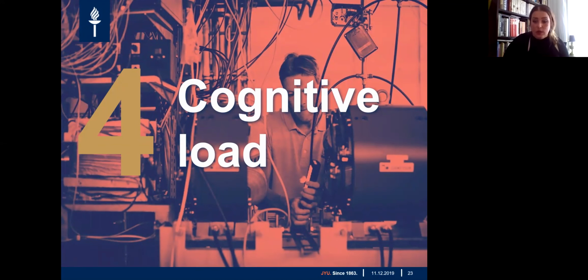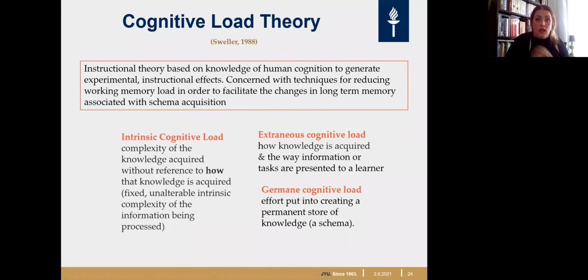Then we have a few slides about cognitive load. First of all, cognitive load theory, developed by Sweller in '88, still publishing about it. So it's an instructional theory based on knowledge of human cognition to generate experimental instructional effects, concerned with techniques for reducing working memory load in order to facilitate changes in long-term memory associated with schema acquisition.